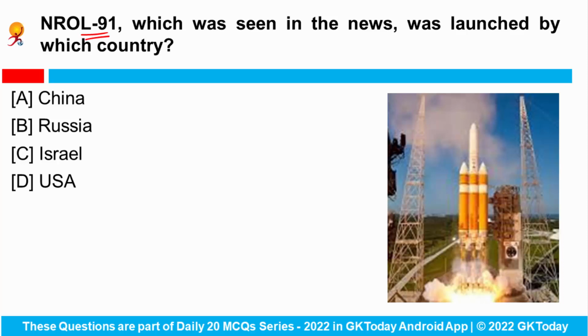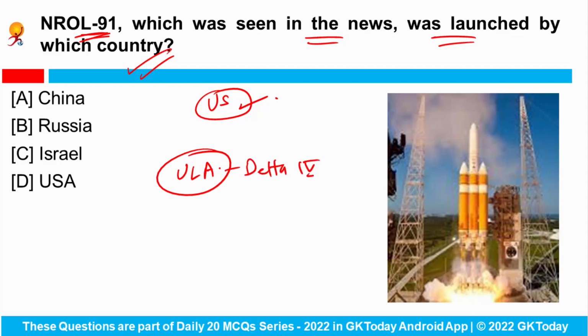NROL 91, which was seen in the news recently, was launched by which particular country? So recently the US has launched a spy satellite named NROL 91, and the United Launch Alliance Delta 4 Heavy rocket launched this satellite for the US from California.